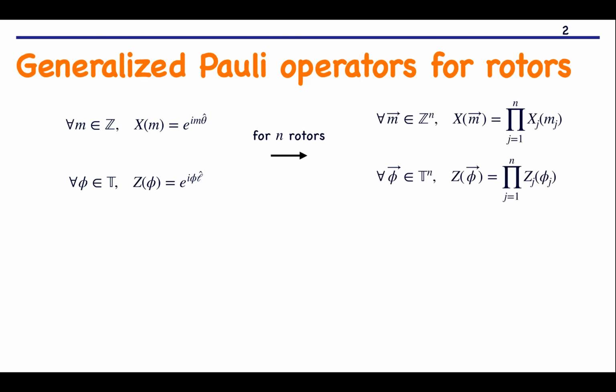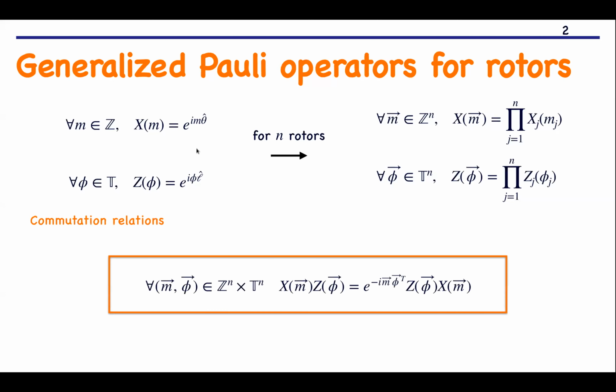Obviously we can then do the same for n rotors just by taking the tensor product. Now translations for n rotors will be characterized by vectors that are either integer vectors or vectors with elements in 0 to pi.